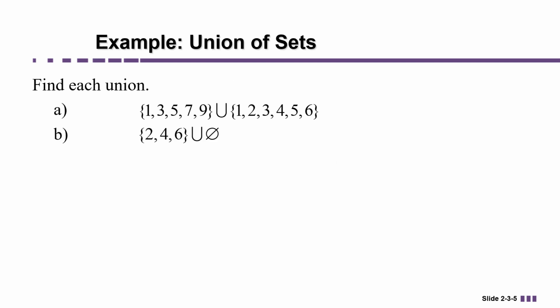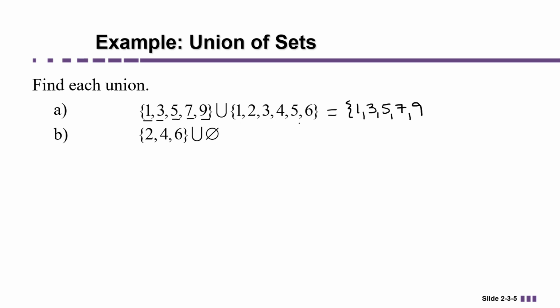Let's use the union operation with these sets. For part A, we have 1, 3, 5, 7, 9 union with 1, 2, 3, 4, 5, 6. One way to find a union, since you're going to put everything together into one big set, is to first copy down all of the elements from the first set. 1, 3, 5, 7, 9.